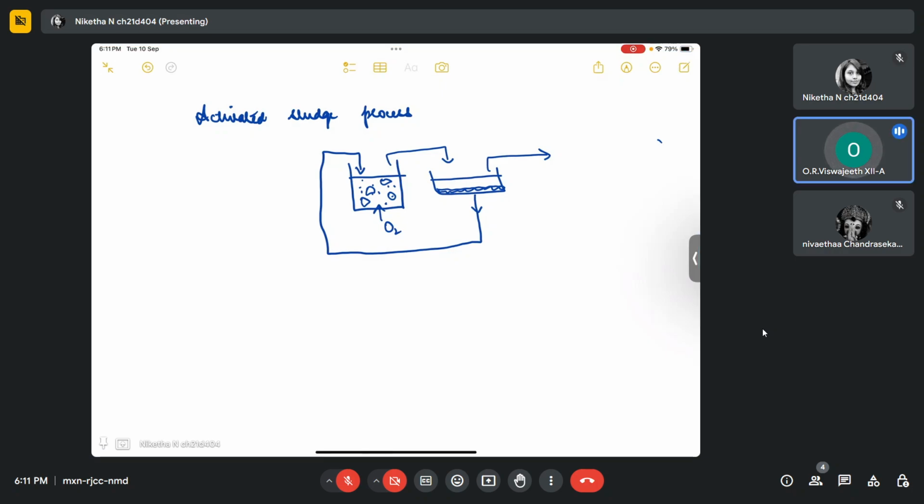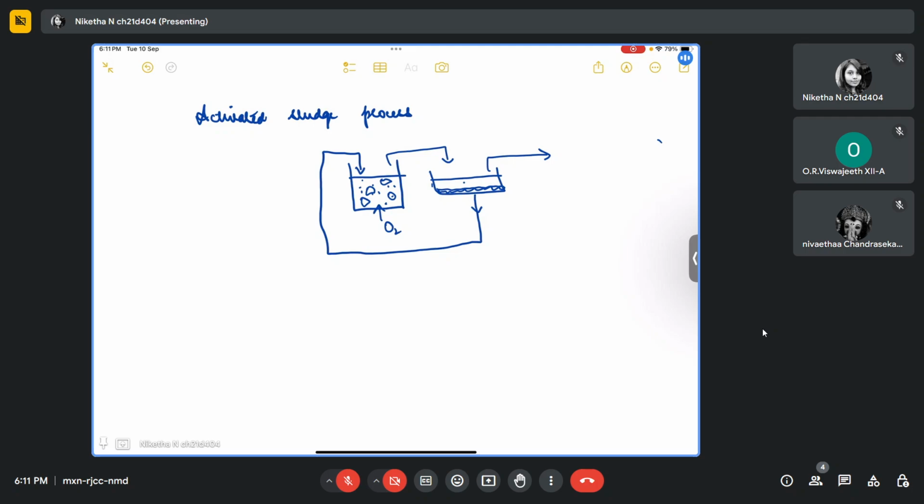Can you repeat the question? Yeah, so I was asking, in the activated sludge process, we have a tank in which the microbes are suspended. The bacteria is in contact with the organic matter. This bacteria will break down the organic matter, and then the treated wastewater will be taken to the next stage, where it is allowed to settle in a basin.